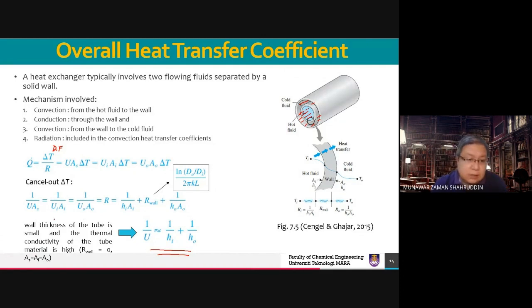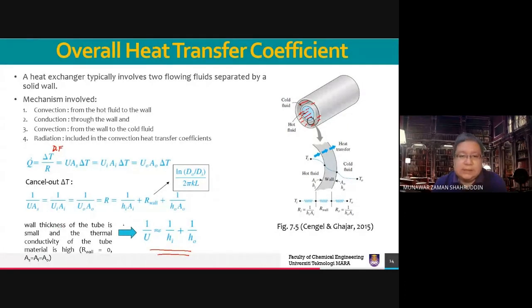This is only applicable if the wall thickness is small. They will tell you in the question if this would be the scenario. The question will state the wall can be assumed, or the R wall can be assumed 0, or the wall thickness is very small, or the wall thickness is basically close to 0, for example.